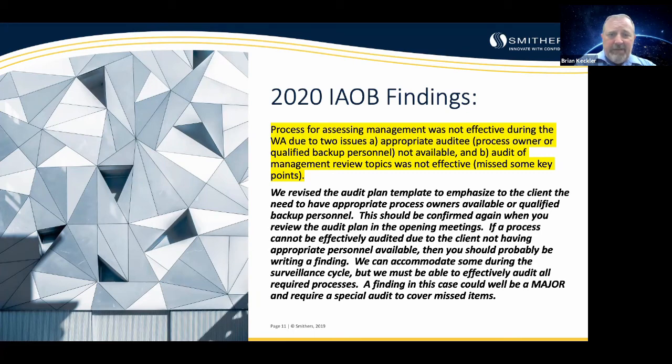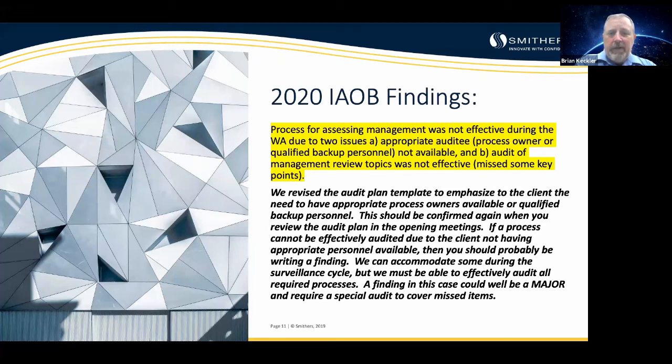If for any reason a process cannot be effectively audited due to the client not having the people available, then this very well should probably lead to an audit finding. There are some cases perhaps during the first surveillance where we might be able to accommodate that and cover it in more detail at a second surveillance, but during initial audits and during recertification audits, we need to make sure that we can effectively audit all the required processes.